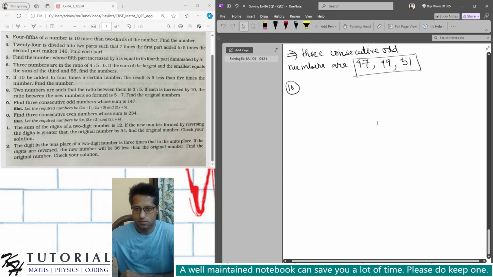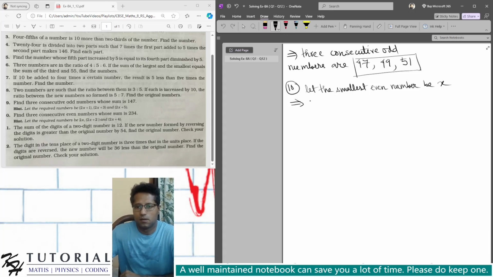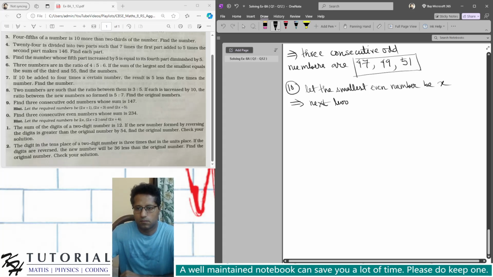Any 3 consecutive numbers, let the smallest even number be x. This implies the next 2 consecutive even integers will be x plus 2 and x plus 4.